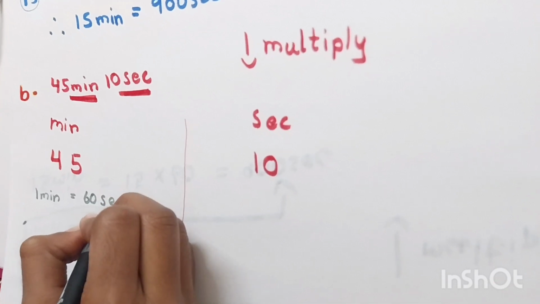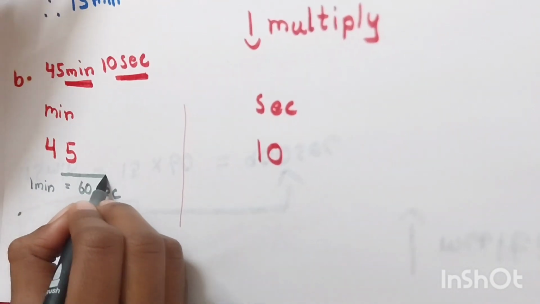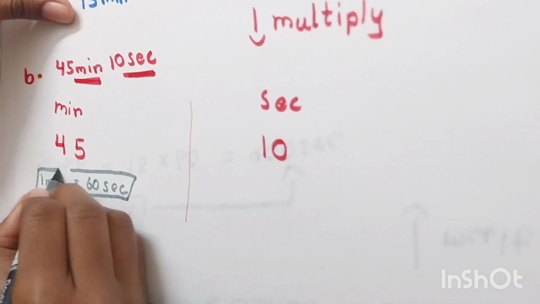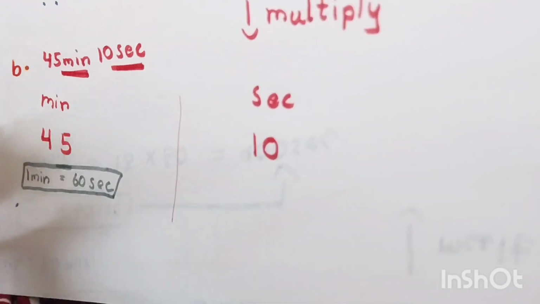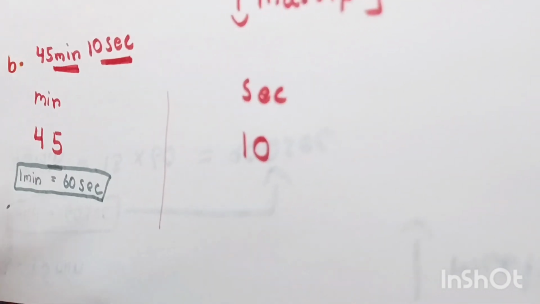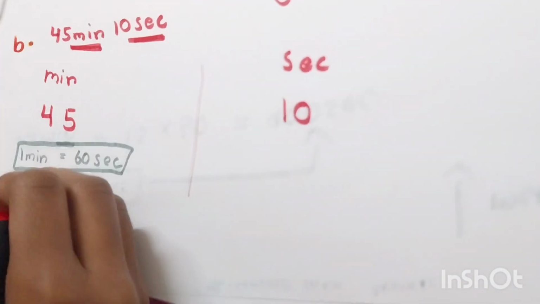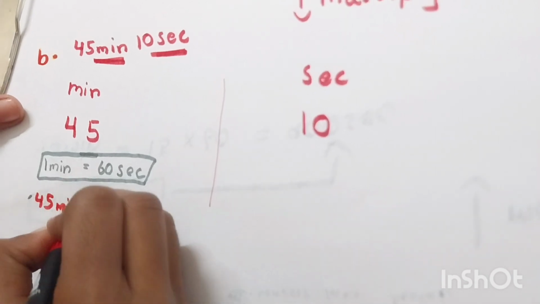I told you in the previous problem that the box is mainly important. First write down 45 minutes equals to.